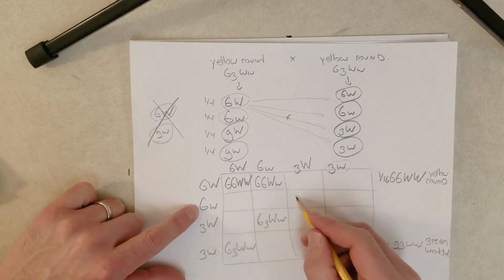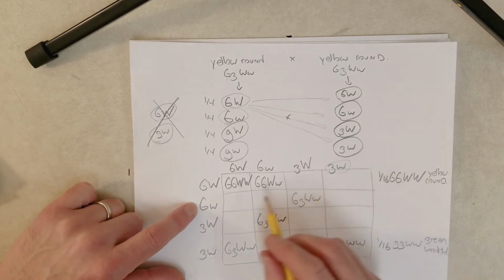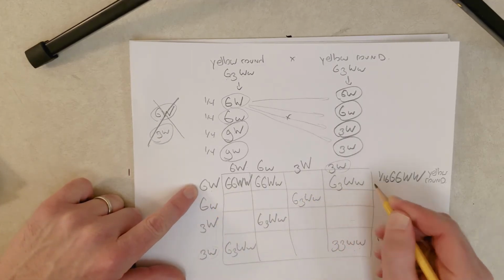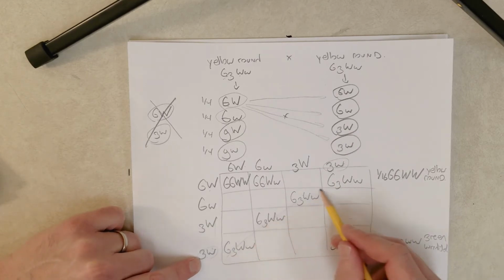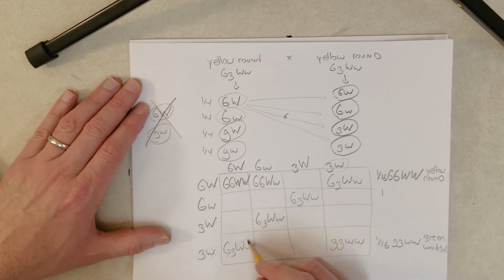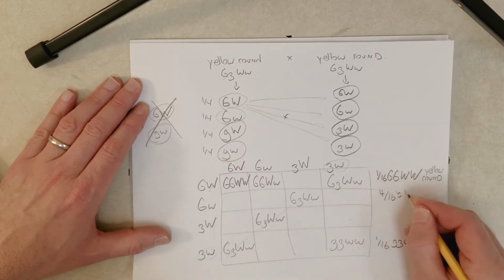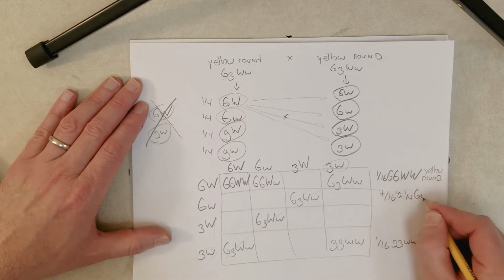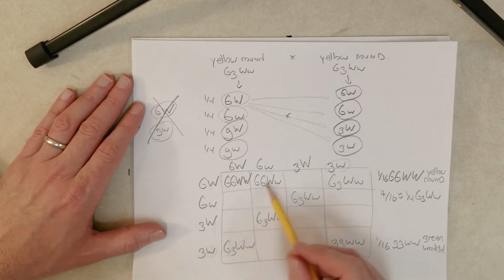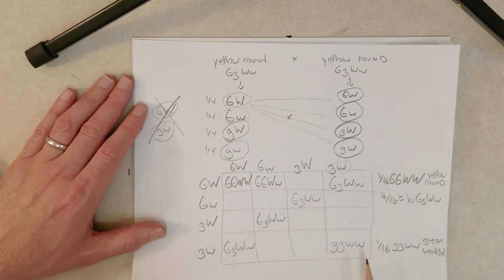Same thing here. Double heterozygous, and same thing here. So we have identical genotypes up along this side of the Punnett Square. So we have at least 4 out of 16, which equals 1 out of 4 double heterozygous genotypes.